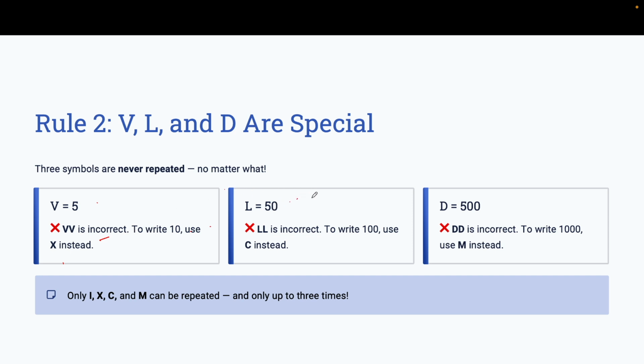L means 50, to write 100, use C. D is 500, to write 1000, use M. Only I, X, C and M can be repeated, and only up to 3 times, not more than 3 times.